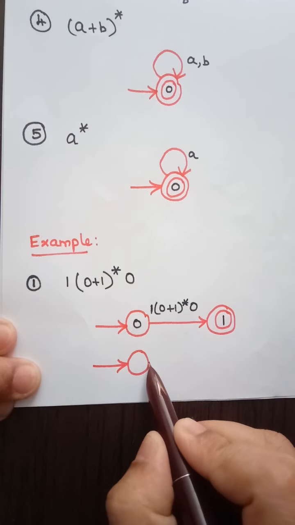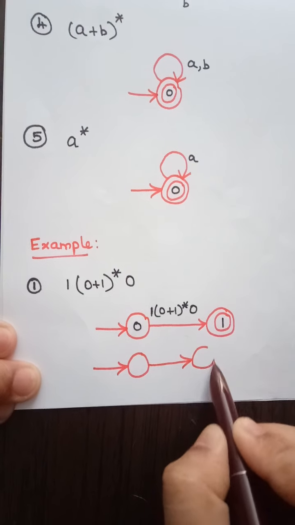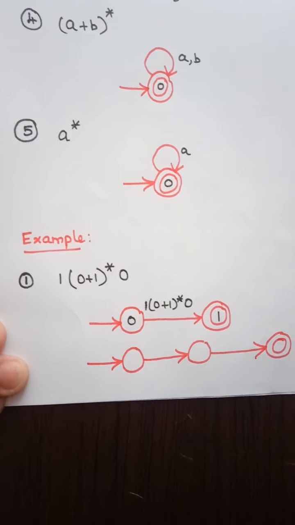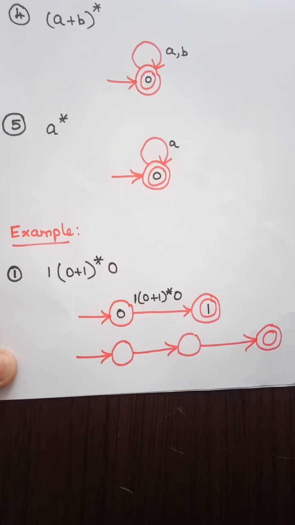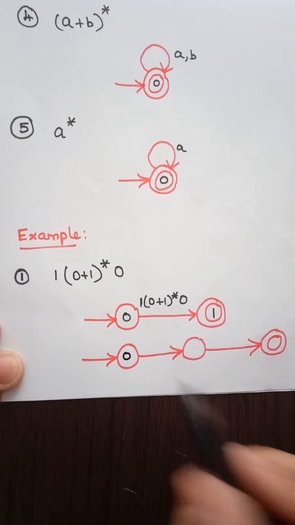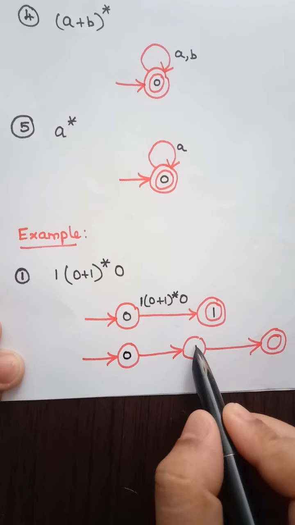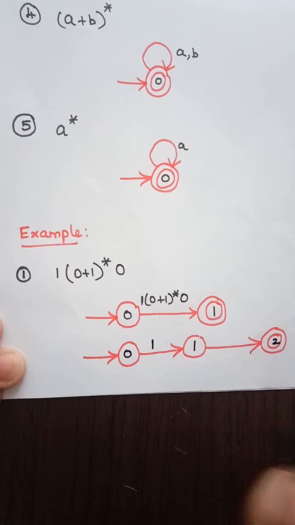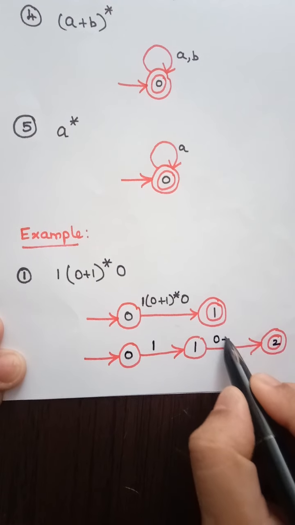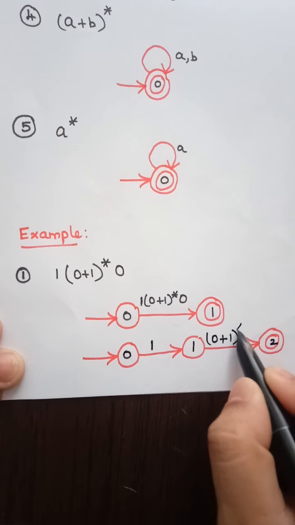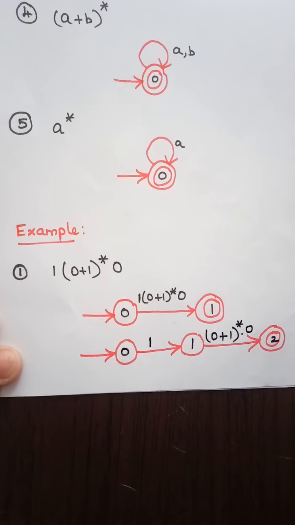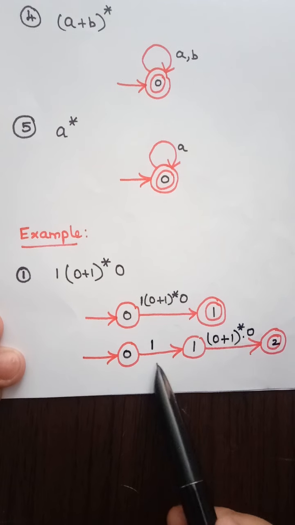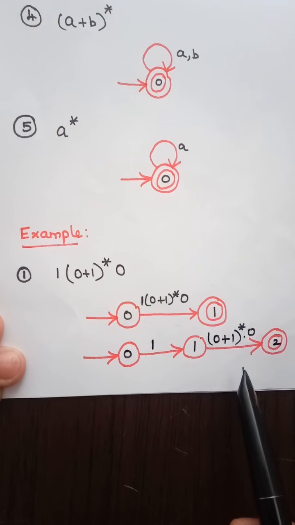Here 0 is the starting state, this state is 1 and this is 2. From this state to this state we have the input 1, and here we have the input (0+1)* concatenated with 0. So for concatenation we have to construct the NFA like this.